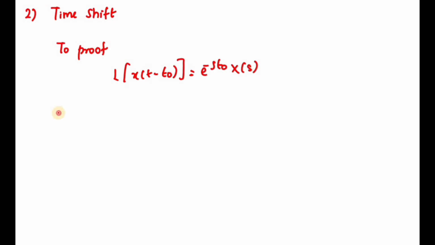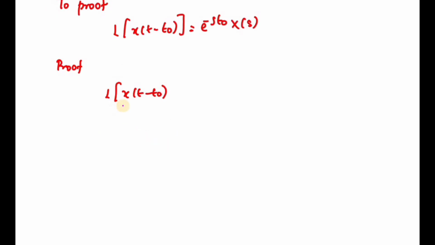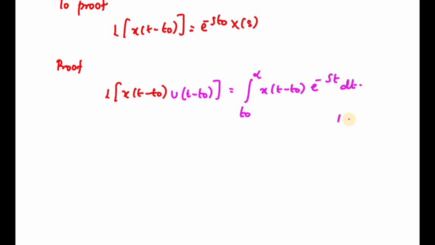So the proof is: Laplace of x of t minus t naught into u of t minus t naught, substituting in the first equation, is equal to the integral from t naught to infinity of x of t minus t naught e power minus st dt.